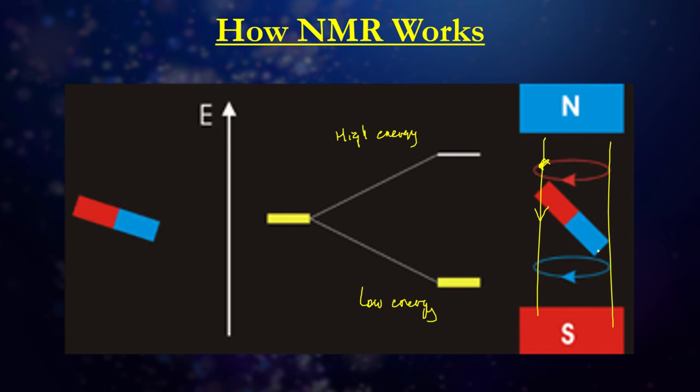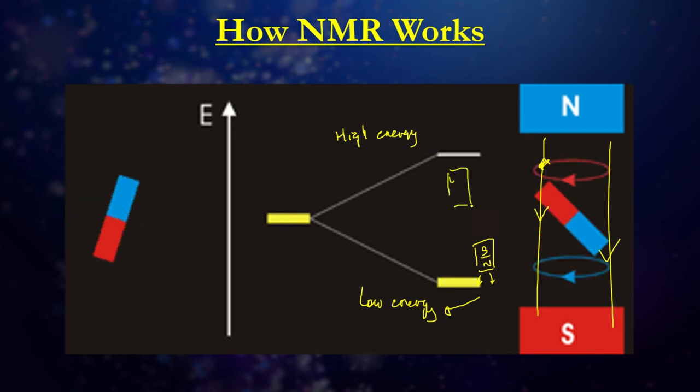So the magnetic field is coming down this way. Now, what will happen is if I have my magnet, and this is north, this is south, so this is aligned with the direction of the magnetic field, north attracted to south. This is a low energy state. This is the usual attraction that we see, it represents low energy.